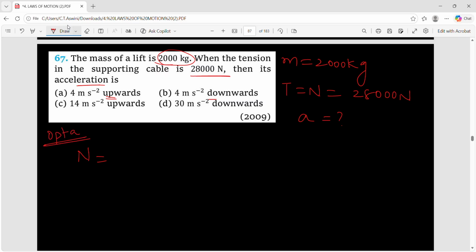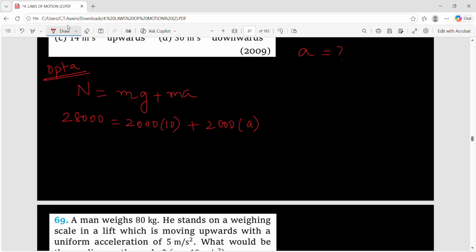So first, let us take option A. What is the direction of motion? Lift is moving upwards. So just consider the lift is moving upwards. So what will be the formula for normal reaction then? Mg plus Ma, right? So normal reaction is how much? 28,000. Mass is 2000 and g value is 10. So mass is again 2000, a value we don't know, we have to find.